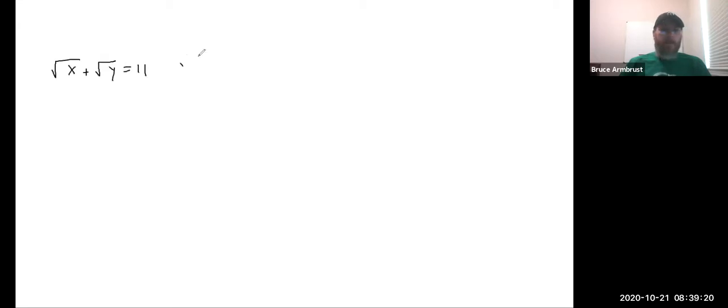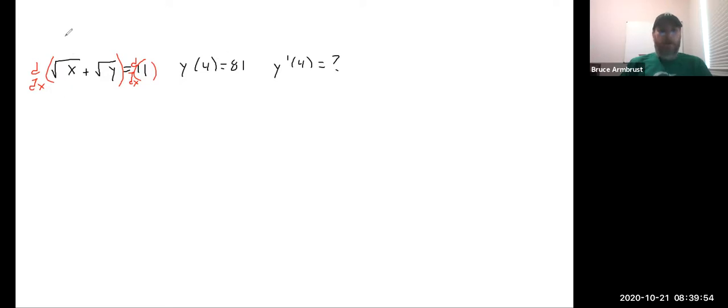We were told y of 4 equals 81, and we want to find y prime of 4. All right, so let's go ahead and differentiate implicitly, which just means we're going to differentiate each side of this equation with respect to x. So everything that's not y, we treat like normal. And anything that's y, we differentiate like normal, but make sure we attach on a y prime.